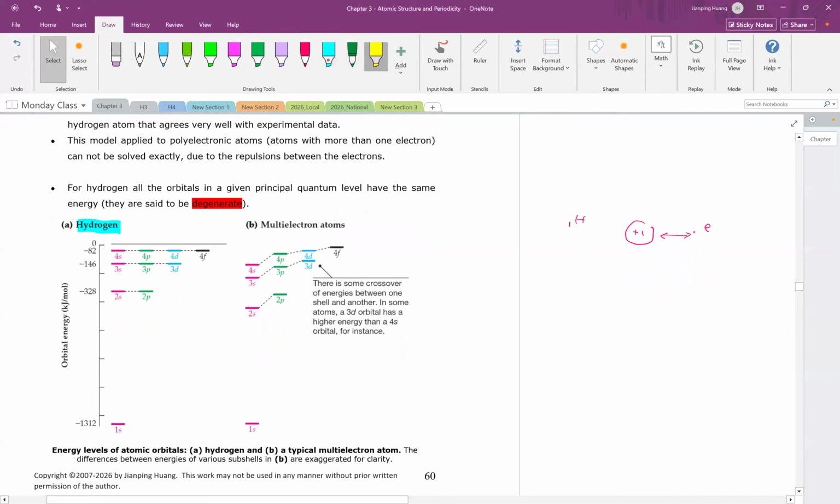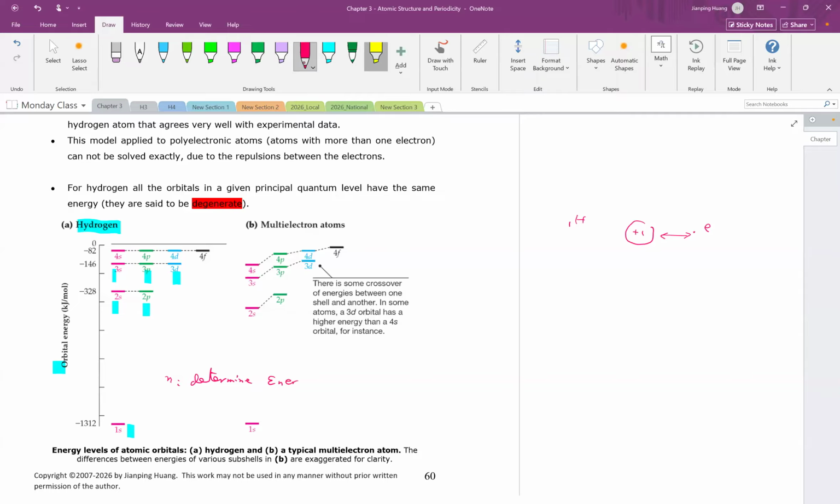atomic structure, atomic orbitals. Here is the energy for hydrogen, right? Here is 1s, 2s, 2p, 3s, 3p, 3d, 4s. In this case, do you think only N determines the energy? Are you with me?